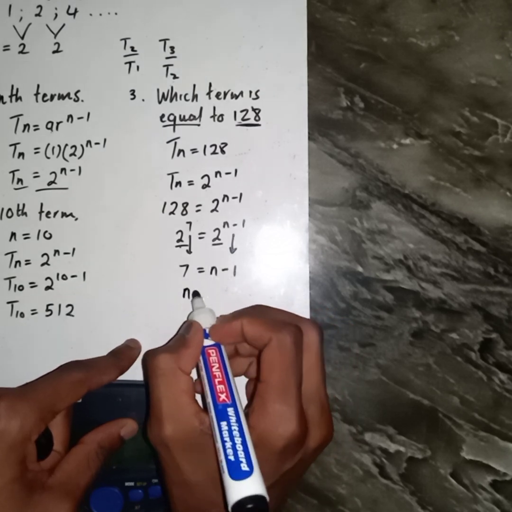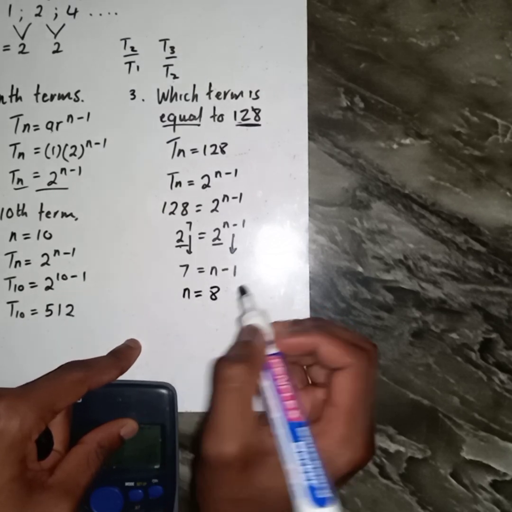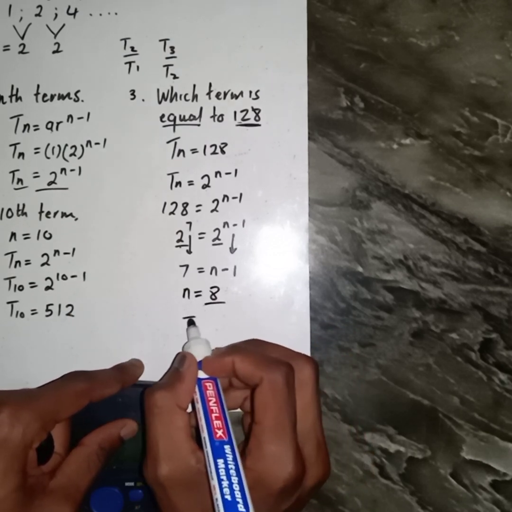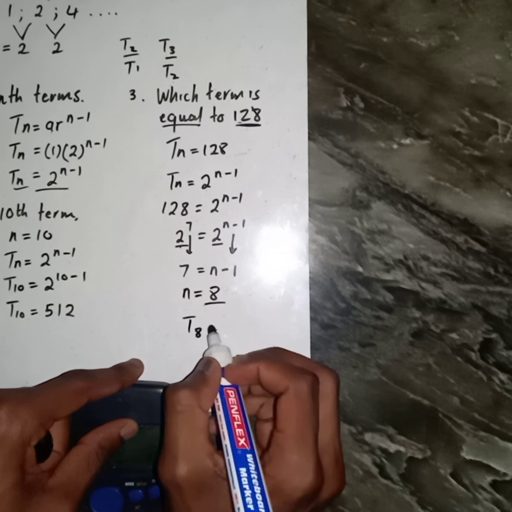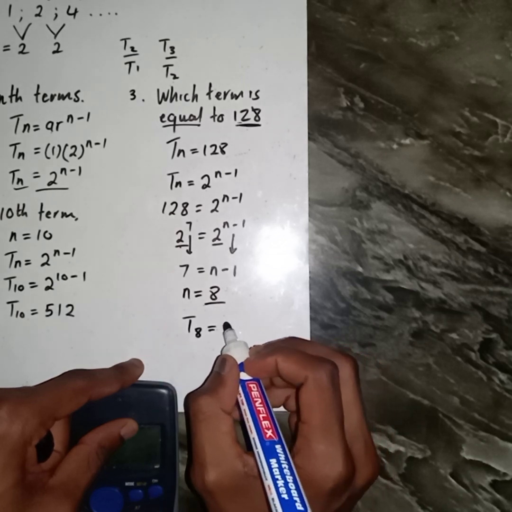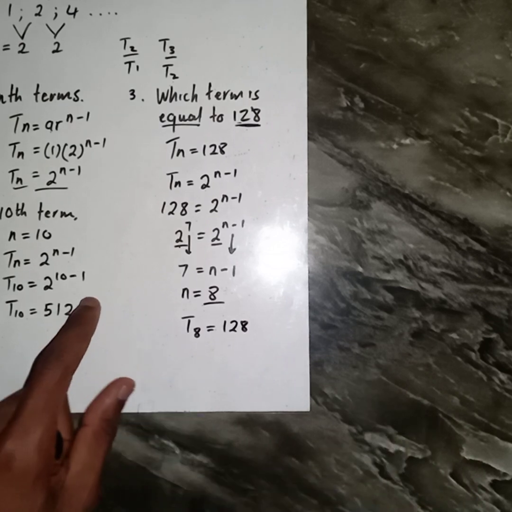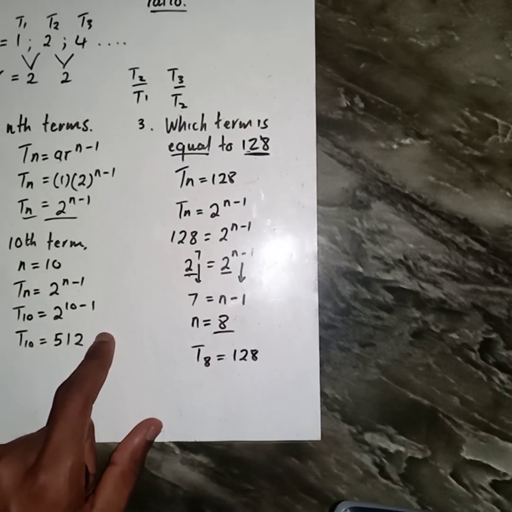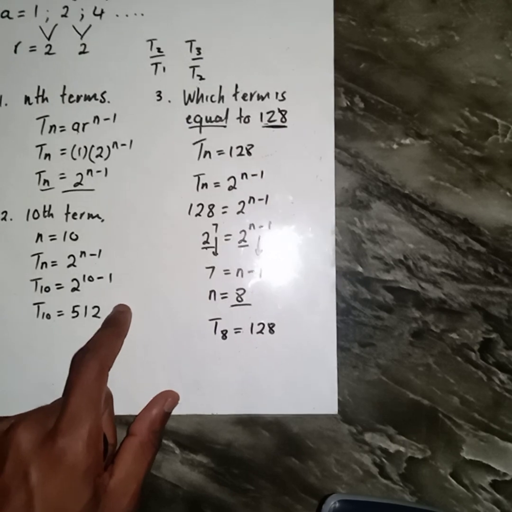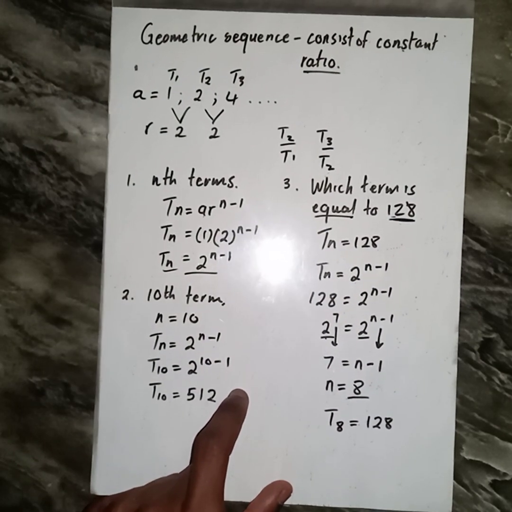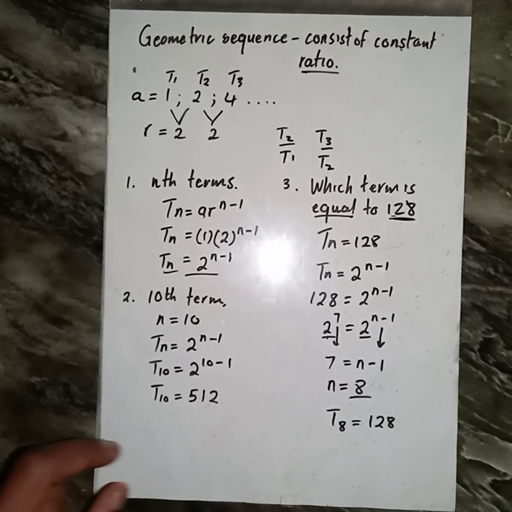At the end of the day, we're going to get n equals 8, which means term number 8 is equal to 128. You see? It's so simple. That's it.